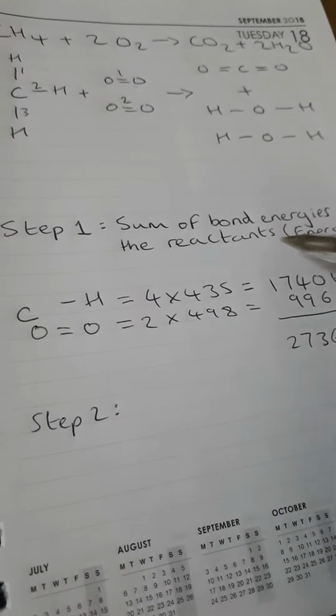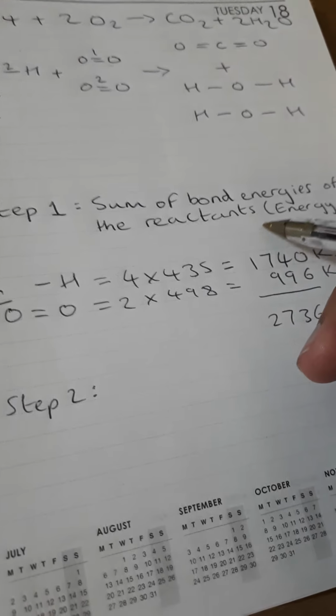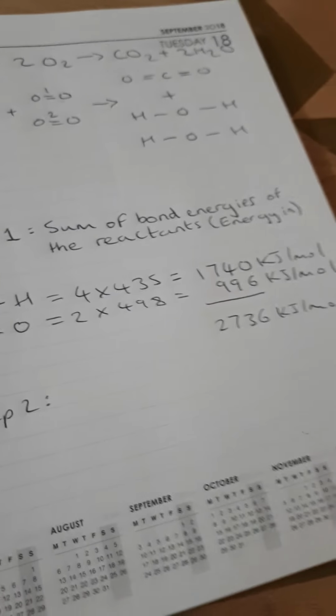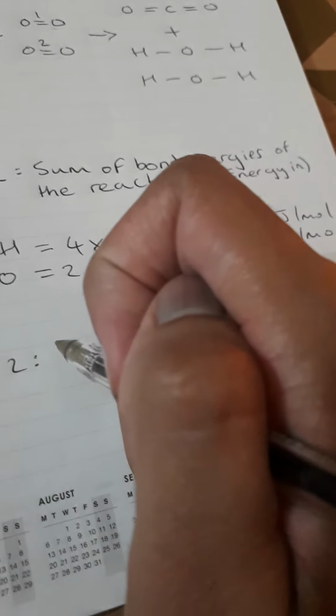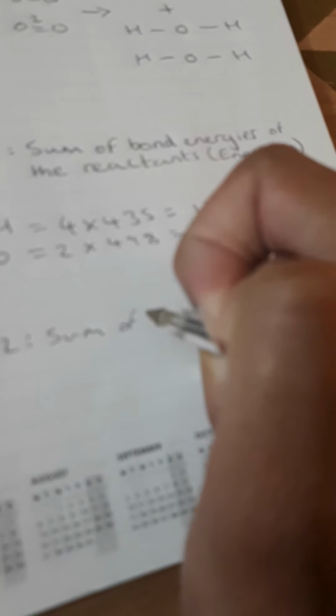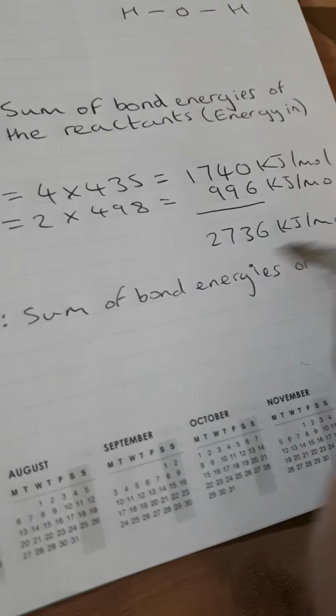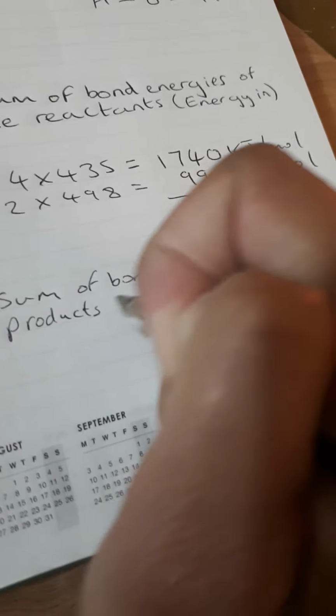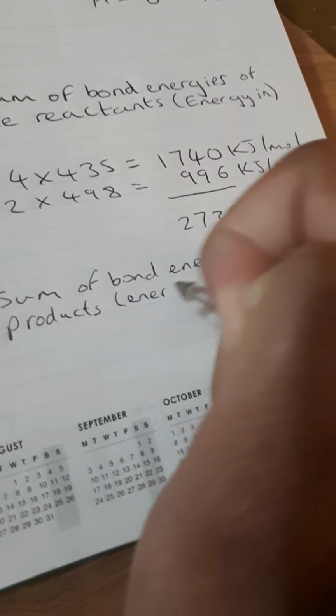Because we've looked at our sum of bond energies of the reactants, energy in, now we need to look at our energy out, so our sum of bond energies of the products. And we will call this energy out.